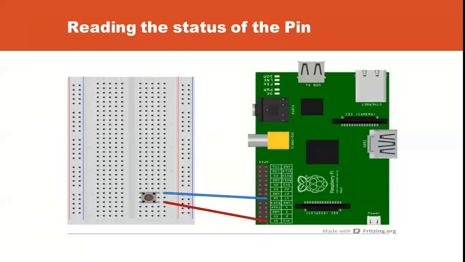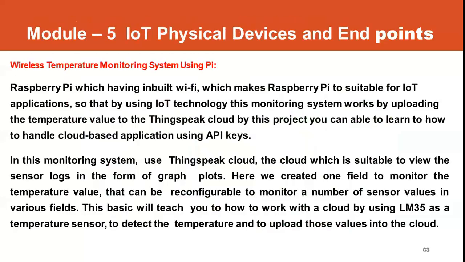Just like this, we can connect any input device to GPIO pins and read their status, whether they are 1 or 0. Those were a few examples of how we can connect peripheral sensors or actuator devices and read their statuses. Next we shall see how we can build a wireless temperature monitoring system using the Raspberry board.